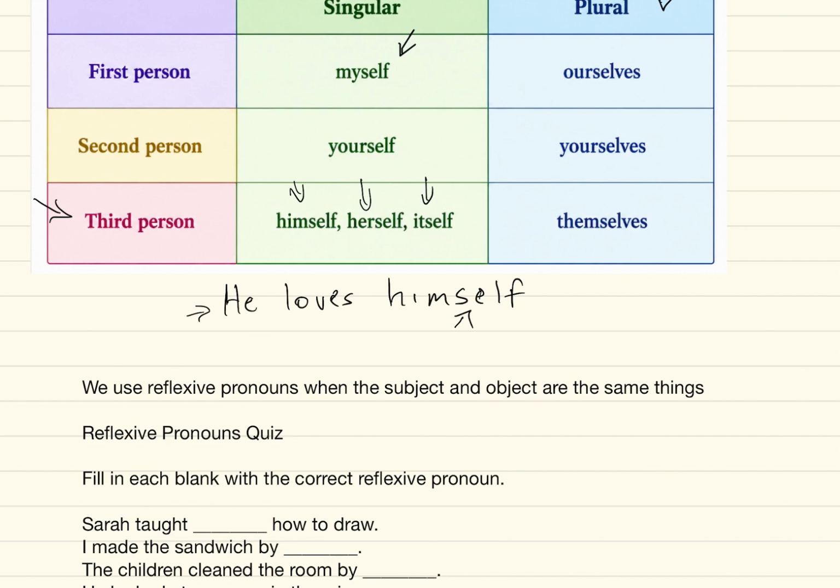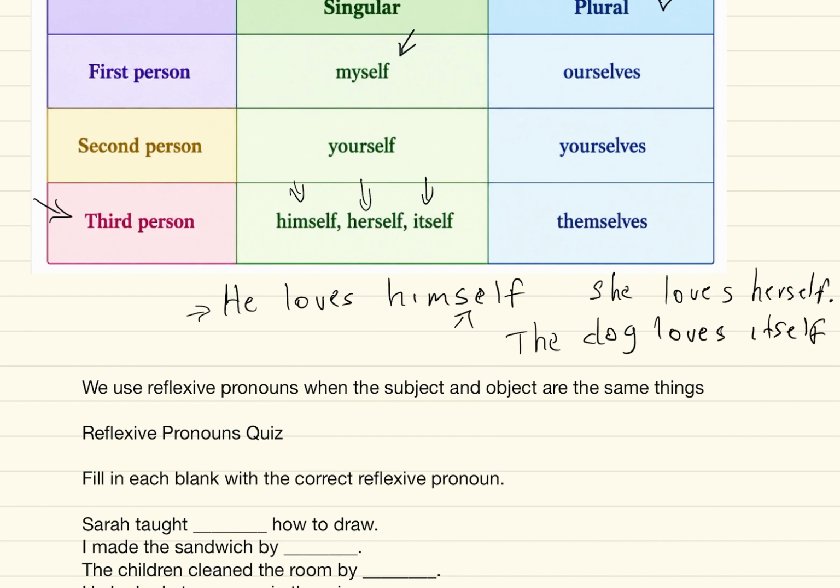And then you could say, she loves herself. Or you could say, the dog loves itself.